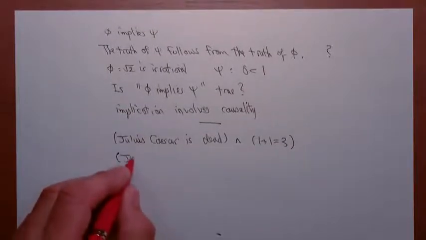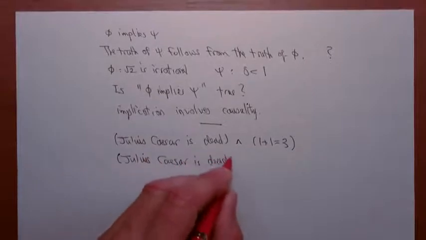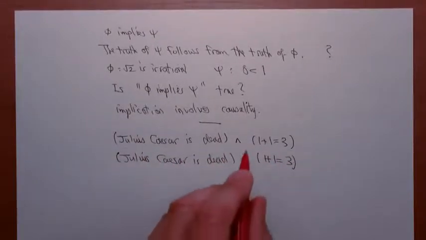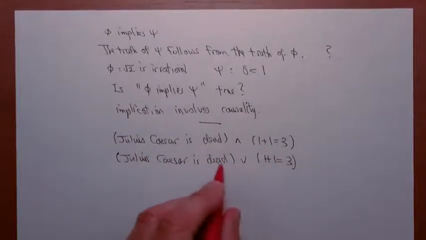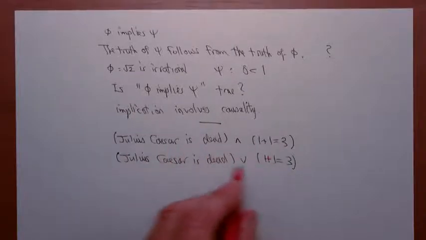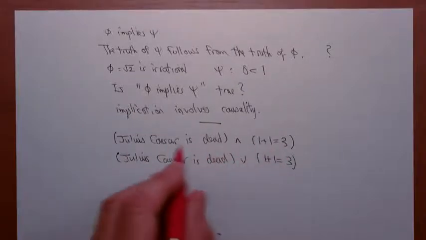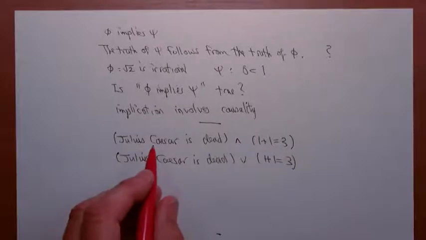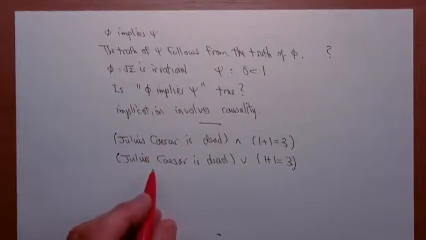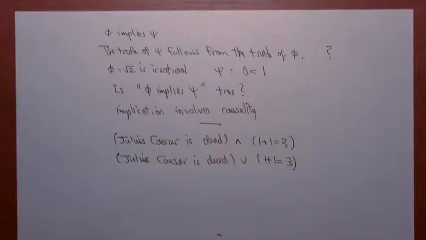And let's do the same thing with disjunction. Forming a conjunction and disjunction didn't require any kind of relationship between these two. These were clearly independent. One's a statement about a long dead individual, and the other one is a mathematical statement.